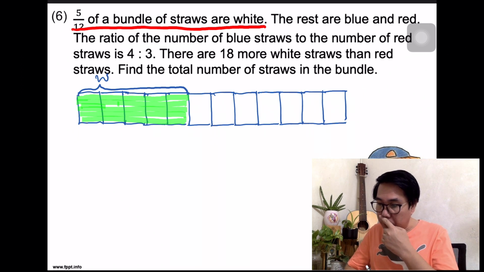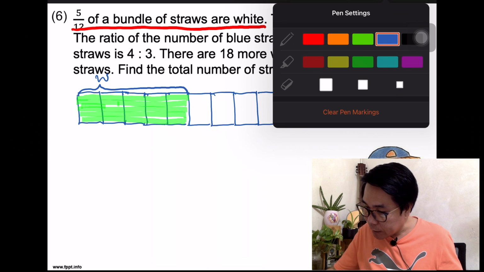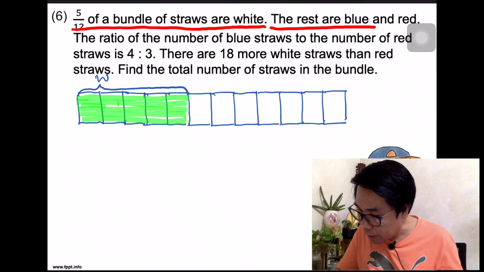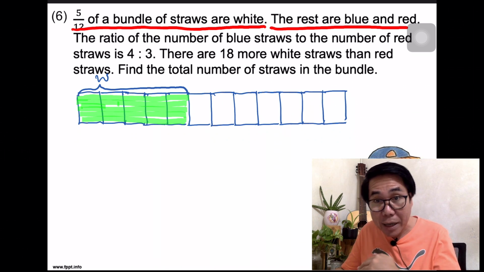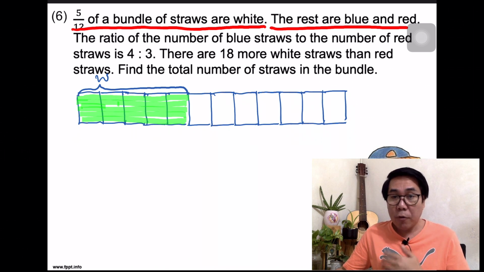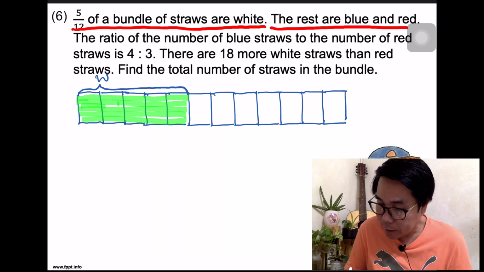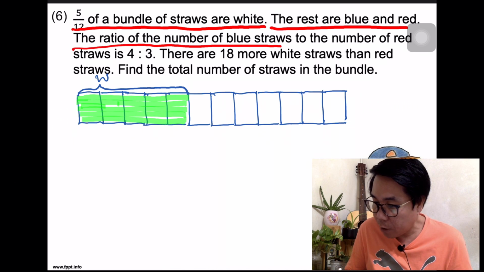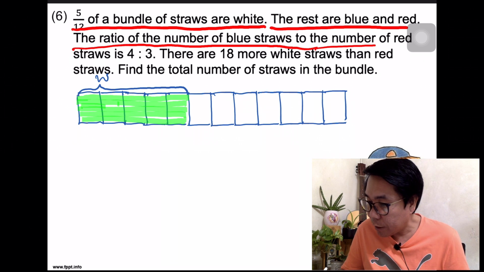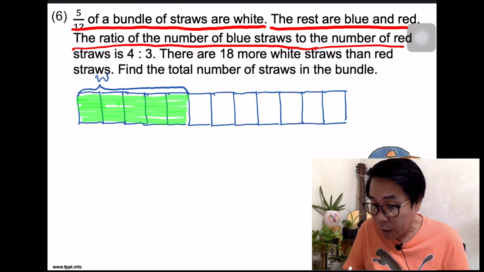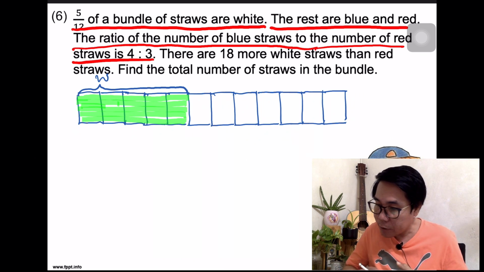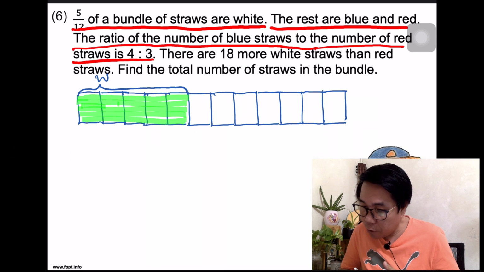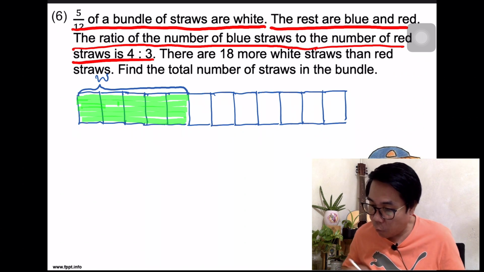Now the next statement says the rest are blue and red. So the remaining is for the blue and for the red. It says the ratio of the number of blue straws to the number of red straws is 4:3. Meaning for the blue, it's 4.